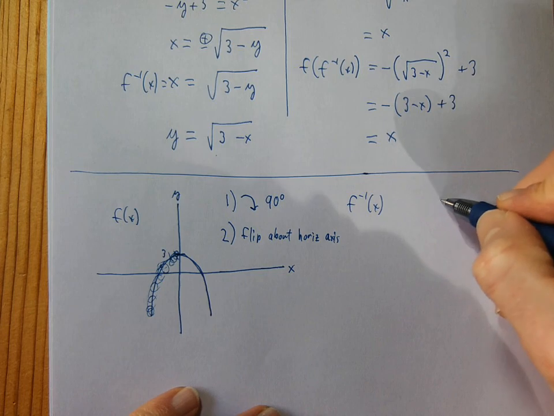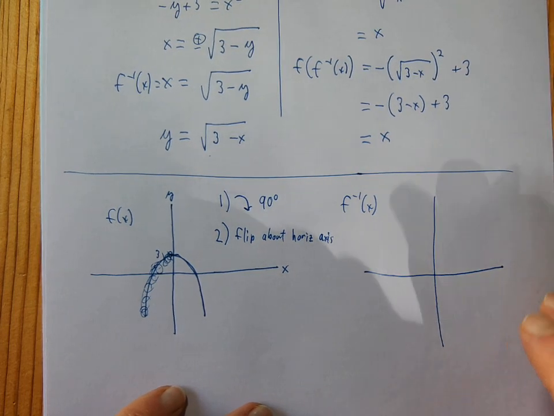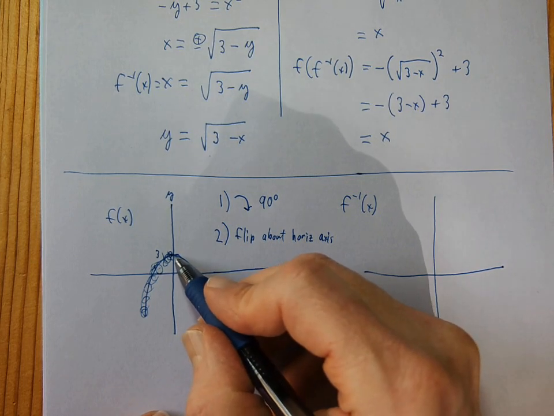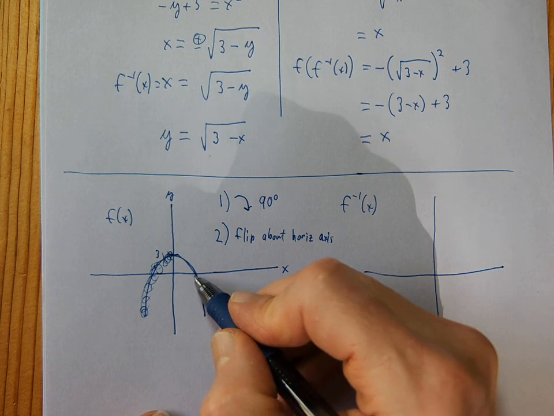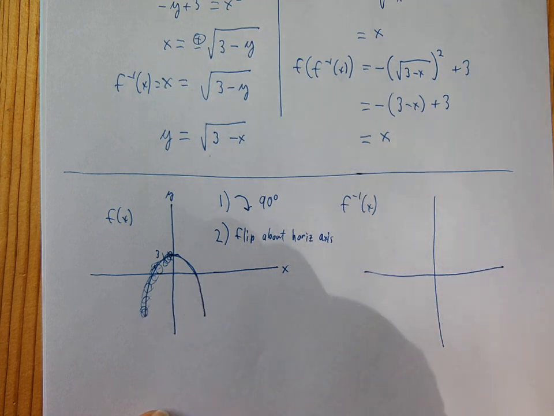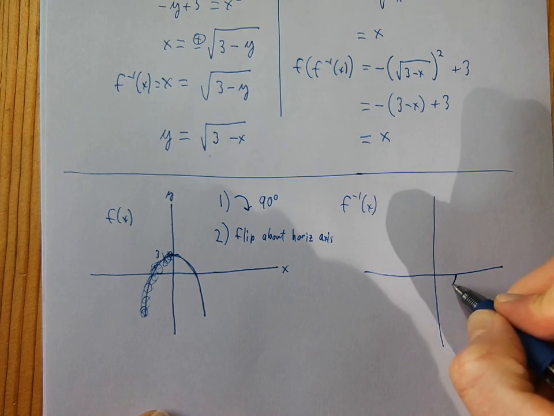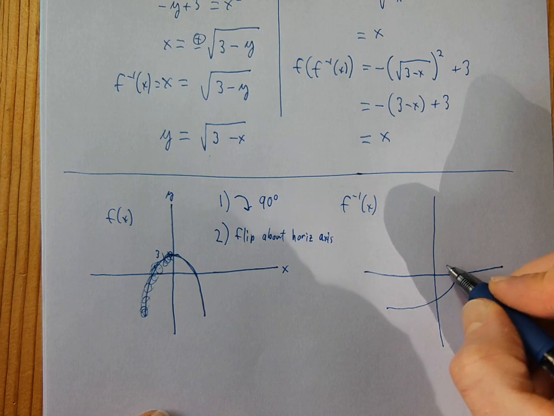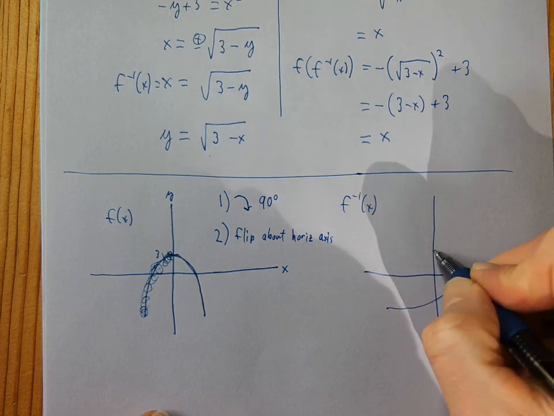So again, a pencil helps, this is going to be a mess. See how well I can do. So we take this thing here, so you rotate it 90 degrees, okay, so that would mean it comes out of here, and now it looks like this. Okay, so the first step, we take that thing there, now it's here, so it looks like this, and then we flip it about the horizontal axis, so now it looks like this.